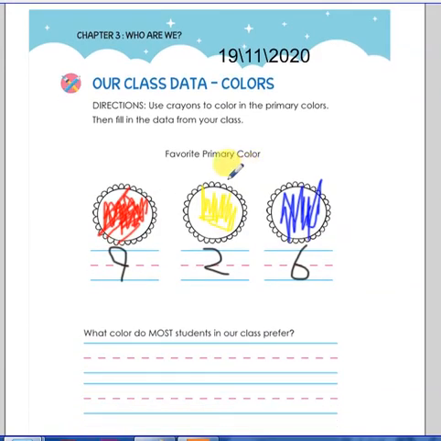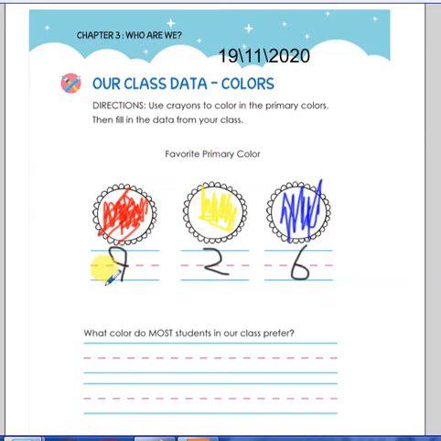Which color is the most color or the bigger color? Bigger number of colors, 9 or 2 or 6? Yes, 9. Which color has the smallest number? Yellow. Yes, yellow has 2 only. Okay, so the biggest number is red, and the smallest number is yellow.